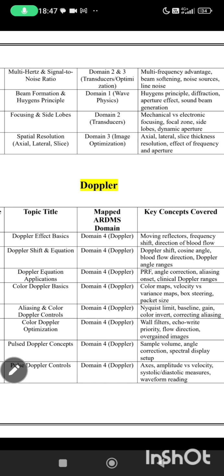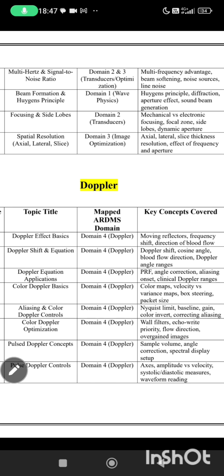I told you our system's ability is defined by three things. Nyquist limit depends on PRF. Nyquist limit is equal to PRF divided by 2. And Nyquist limit is the maximum value of the scale. So these three things are directly related. What was the cause?